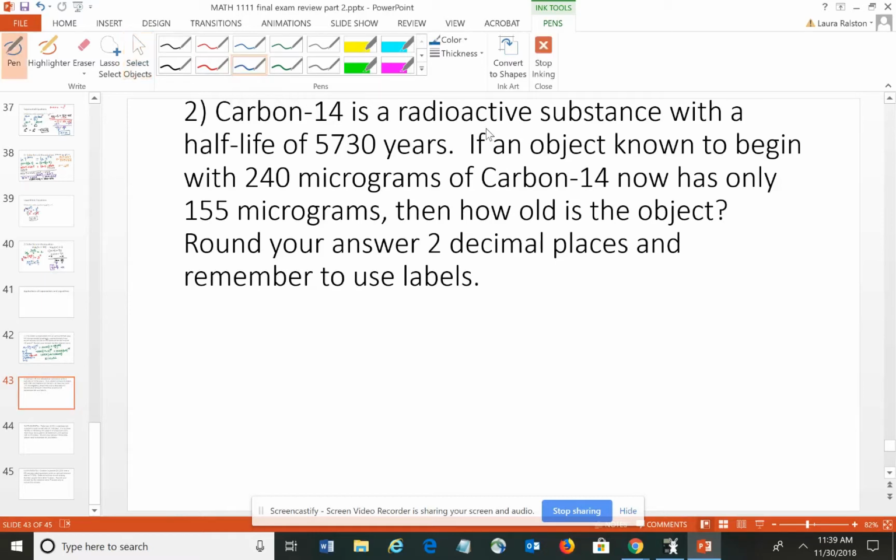So remember, when we're dealing with half-life problems, we actually use the continuous compounding formula, which is A equals P times e to the rt.